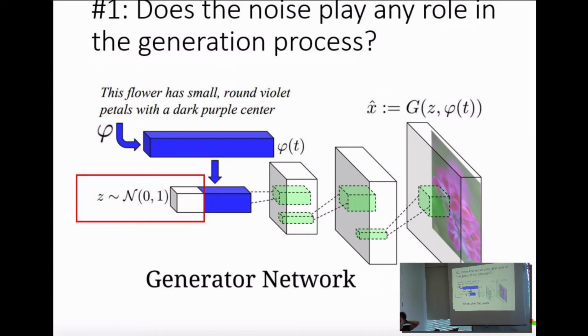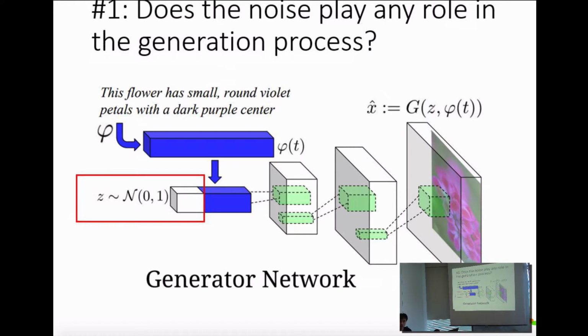Yes, so according to what they show, it seems like it captures some other factors of variation, like style or background information. It plays the role of some kind of uncertainty. You know that you would generate some kind of image, but you don't know what the pose or the background would be, because there may be many possibilities, even for a single description.